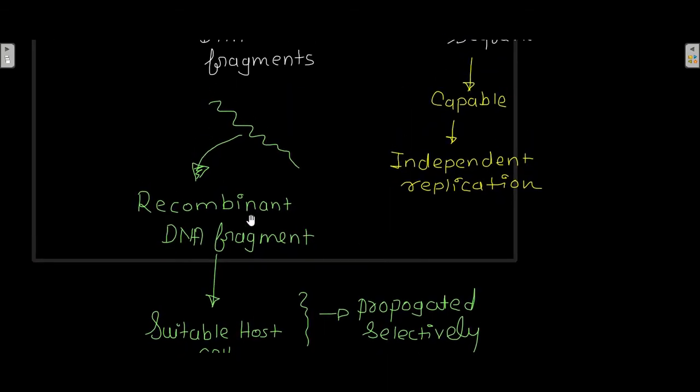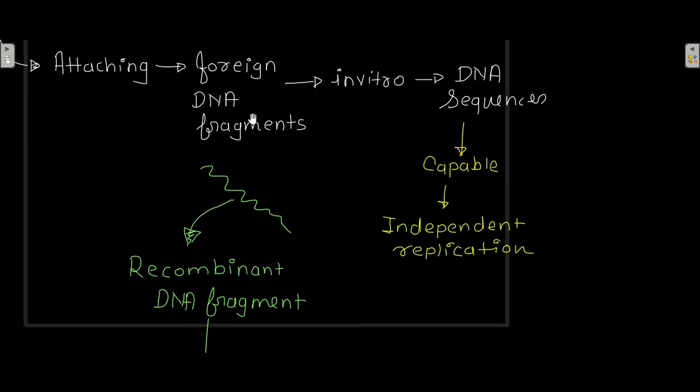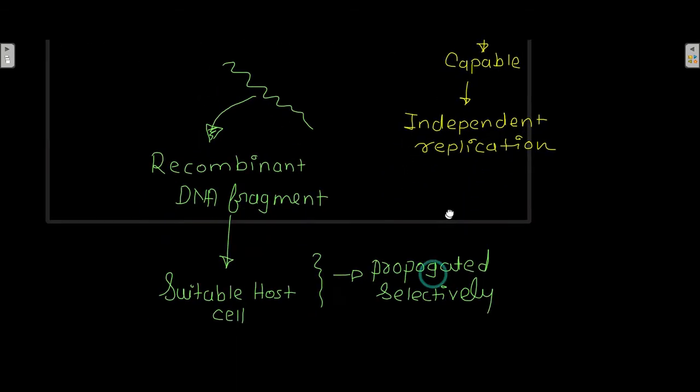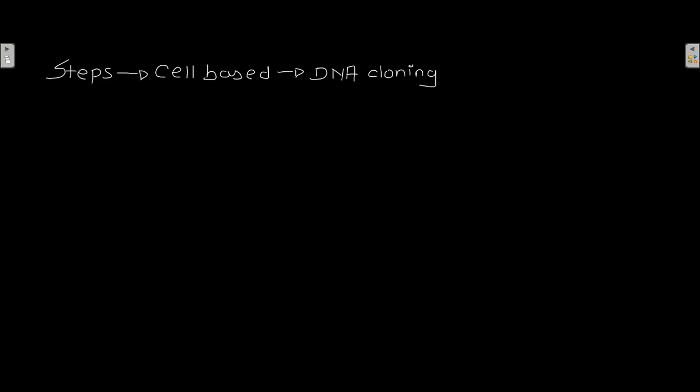You produce a recombinant DNA fragment first, and then you transfer it into a suitable host cell where it is propagated selectively.